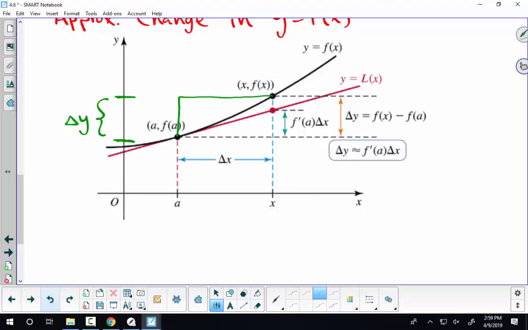When we do the same thing but on the linear approximation, the red line, that's going to give us our dy. So the difference between going from this point, notice our tangent line is right there, it's tangent at that point, to this point, that change, also from here to here, is measured by dy.